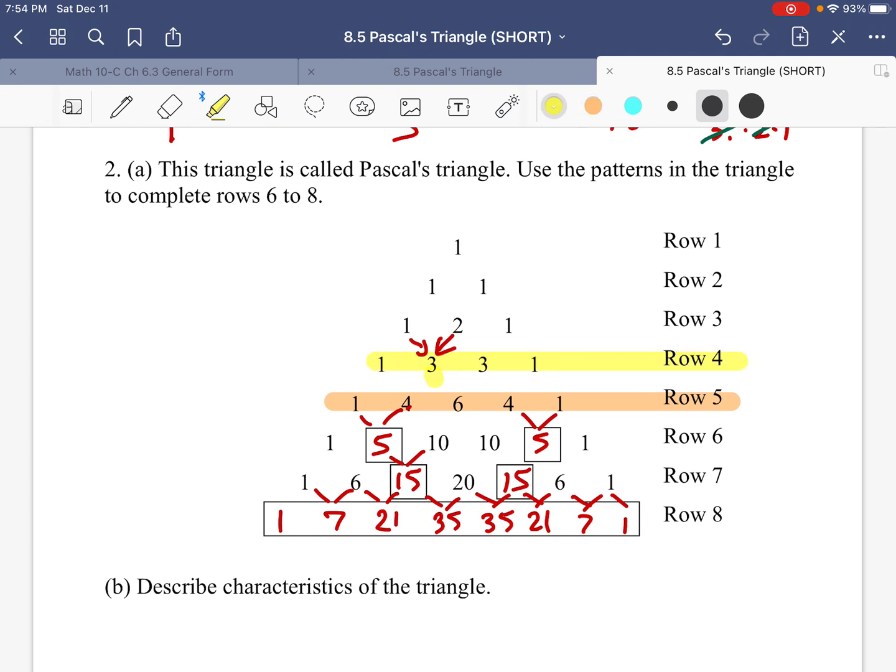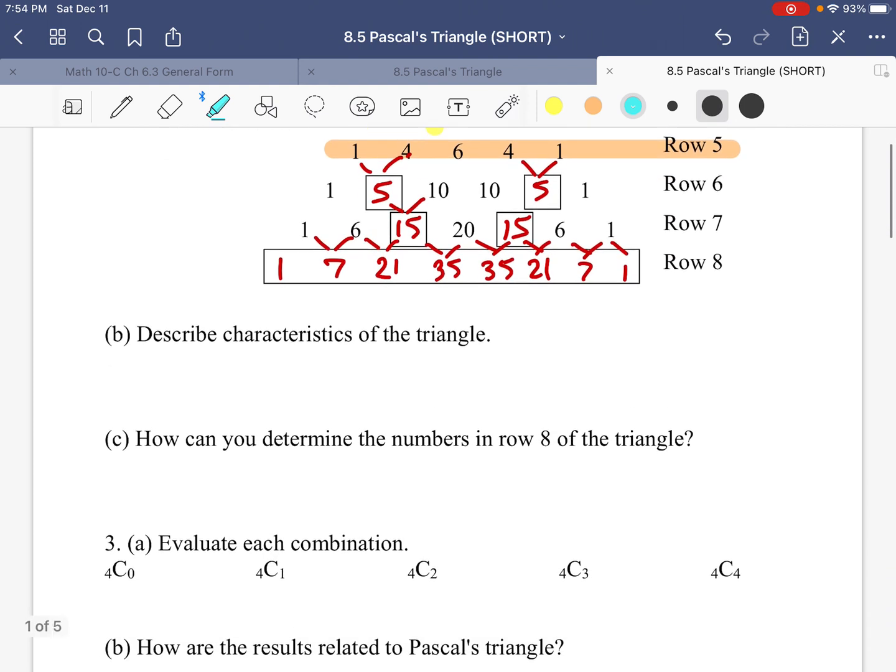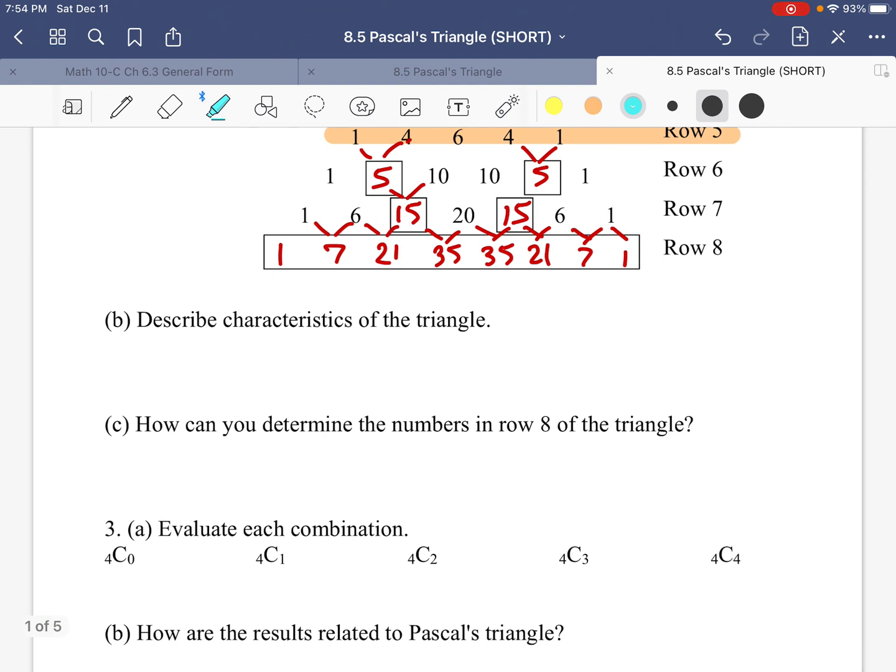So when it goes 4, that's row 5. Row 4, the big number is 3. Row 3, the second number is 2, not the big number, the second number. Okay, so notice the pattern there.